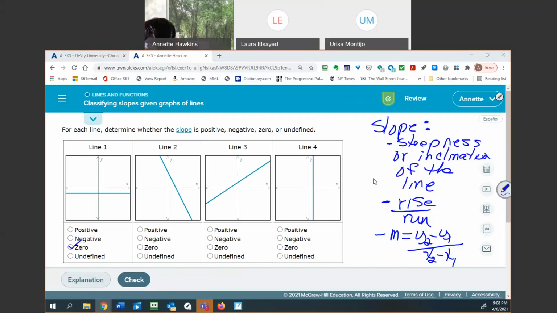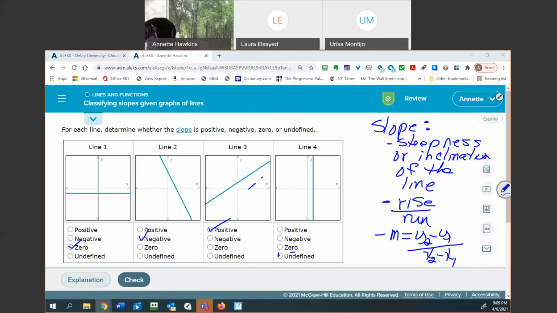All right, this line, as I move from left to right, falls. So if the slope falls, it has a negative slope. As I move from left to right, this line is going up. So therefore, it has a positive slope. This is a vertical line. This slope is undefined. So let me go back through that again.